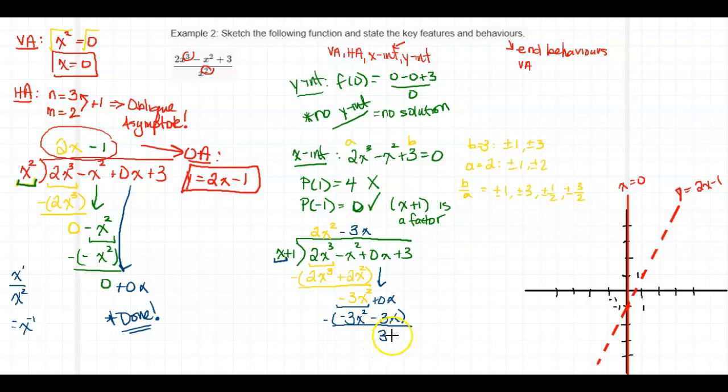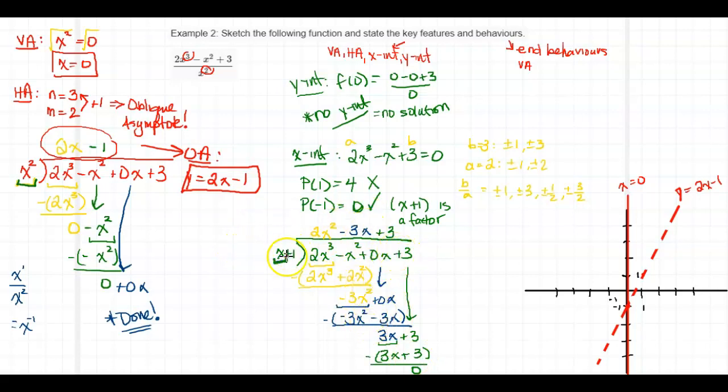That's going to leave me with 3x. And my last one to come down is this plus 3. Now we compare that one and that. 3x divided by x just leaves me with plus 3. Now I'll multiply this 3 by both of those. 3x plus 3. And when I subtract, as I should expect, I get 0. No remainder. This divides cleanly.